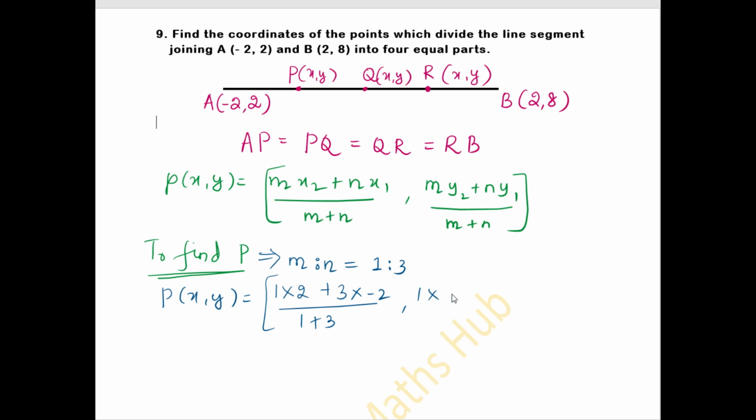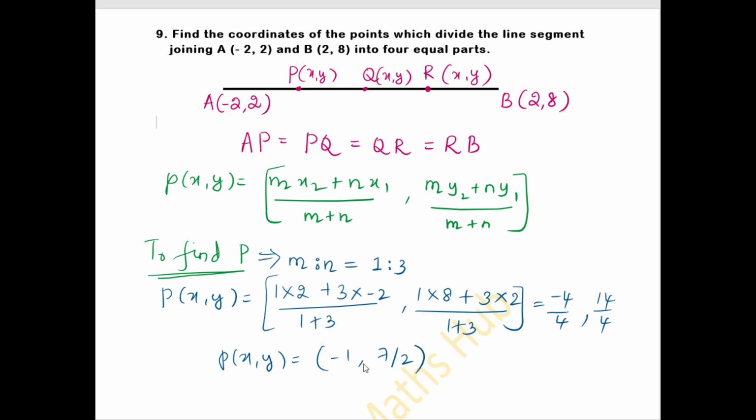The same way, 1 into y2 which is 8, plus n which is 3 into y1 which is 2, divided by 4. Now 1 2s are 2, 3 2s are 6, 2 minus 6 is minus 4 divided by 4. The same way, 1 into 8, 3 2s are 6, 8 plus 6 is 14 by 4. The point P of x comma y equals minus 1 comma 7 by 2.